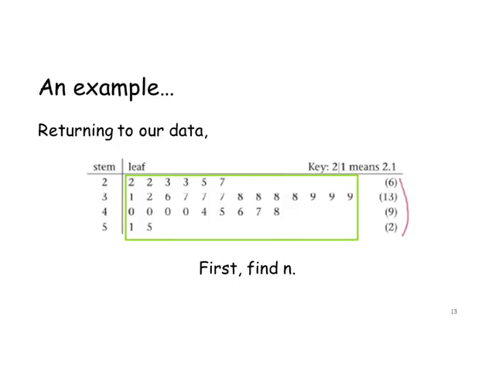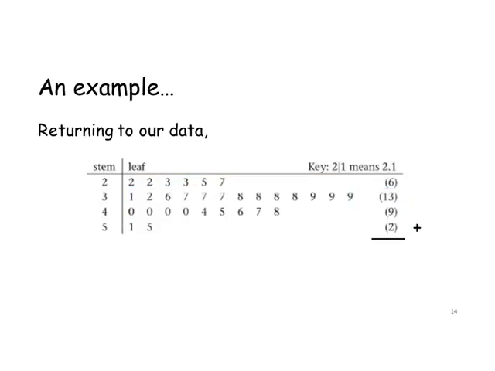Now we could count up all of those numbers, but as I've said, over on the right-hand side, they have already counted the rows in brackets. So in this row there are 6 pieces of data. To find the total number of pieces of data, all we have to do is add up these numbers in the brackets, much quicker than counting all of the numbers.